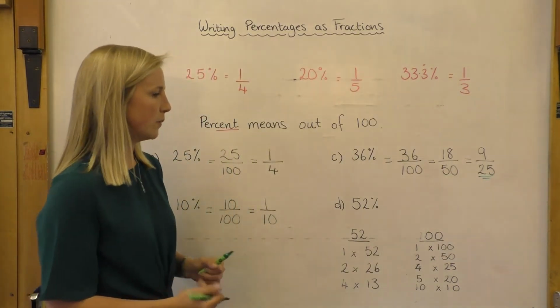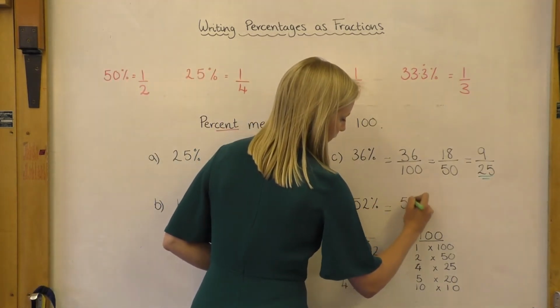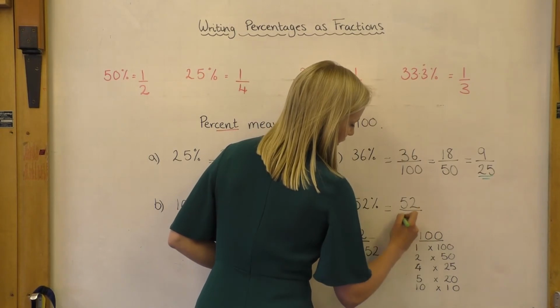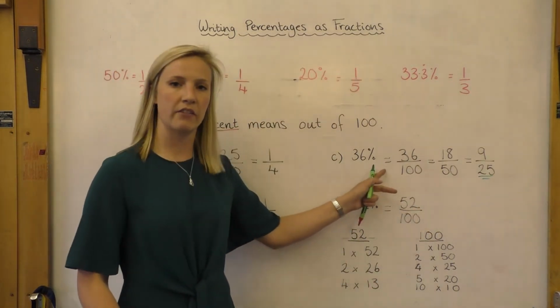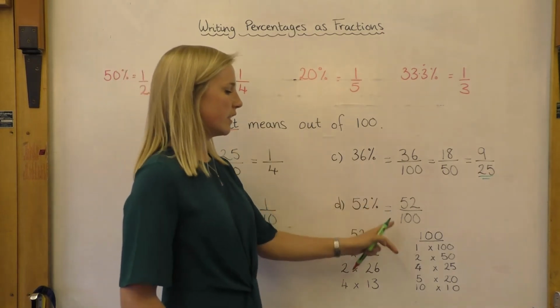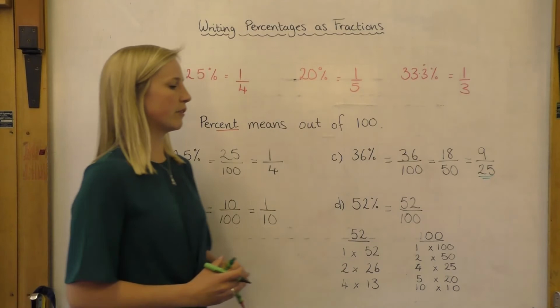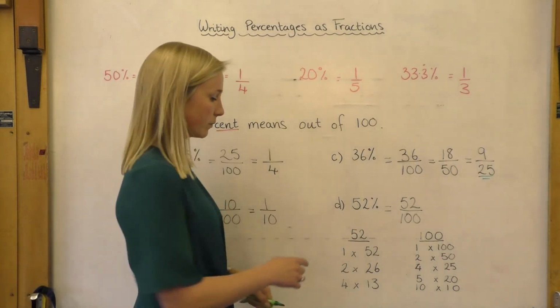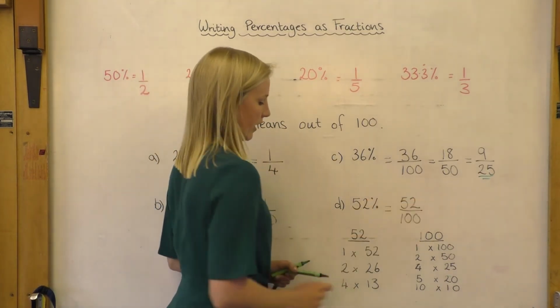Looking at our 52%, the first step would be familiar. We're going to write 52 out of our 100. Now, we could do the same system as I've used above, dividing each of them by 2. However, I'm just going to touch on our simplifying fractions lesson, where we used our highest common factor to simplify the fraction.